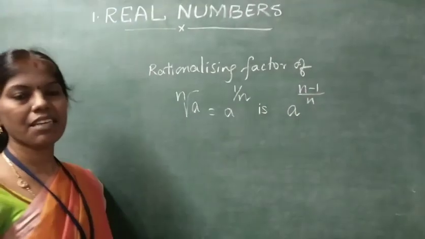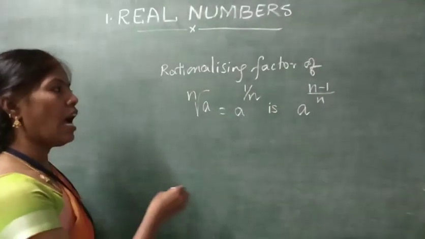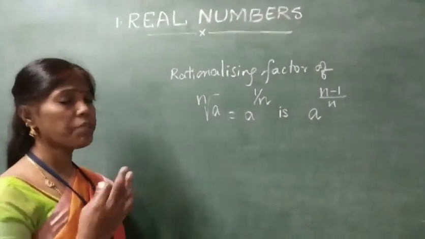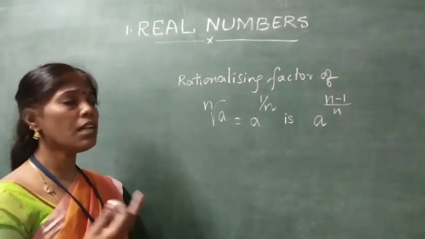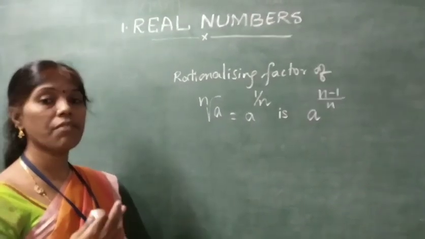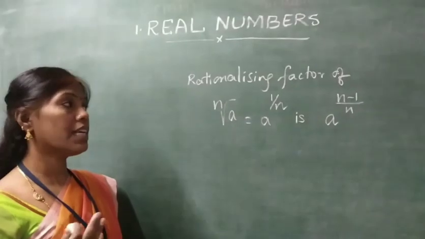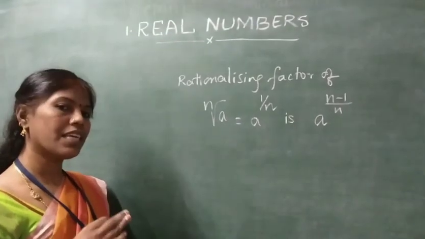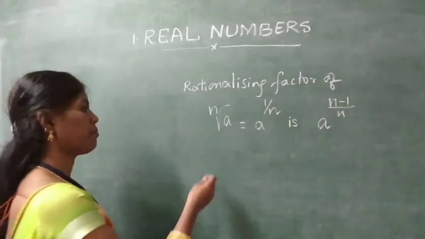This is the rationalizing factor. Let us check that. The process of multiplying a surd with an irrational to get a rational number is rationalization. Each irrational number is a rationalizing factor of the other.